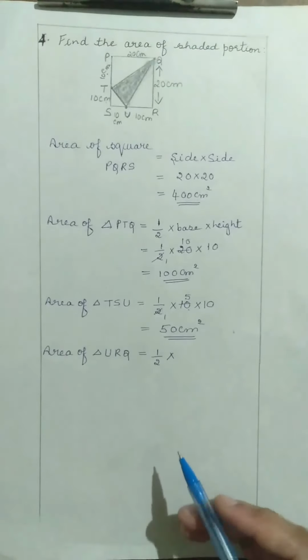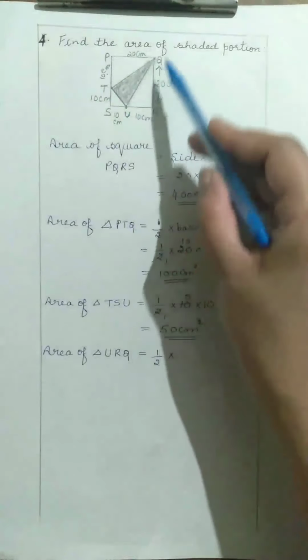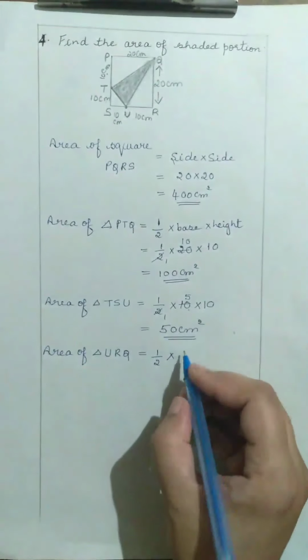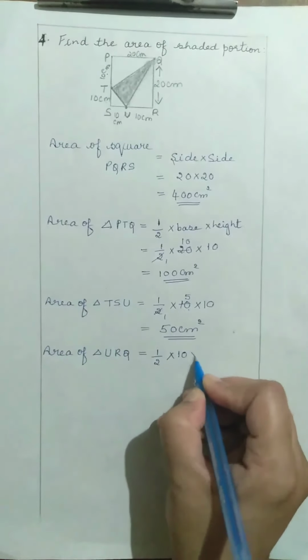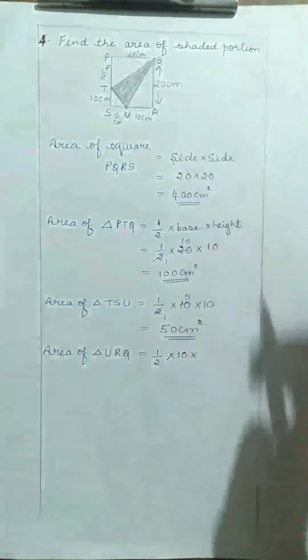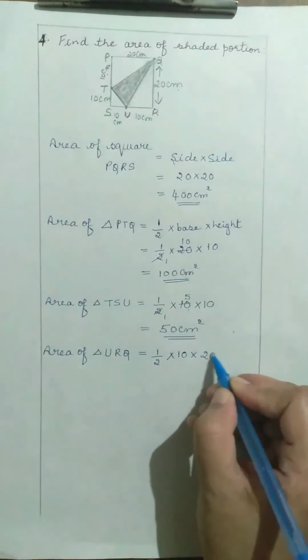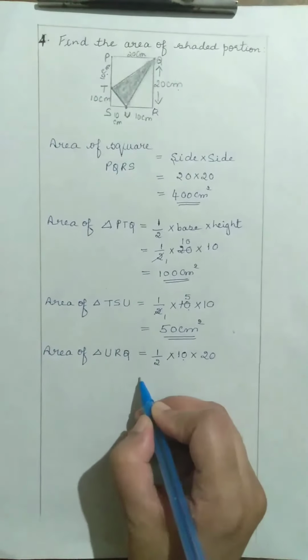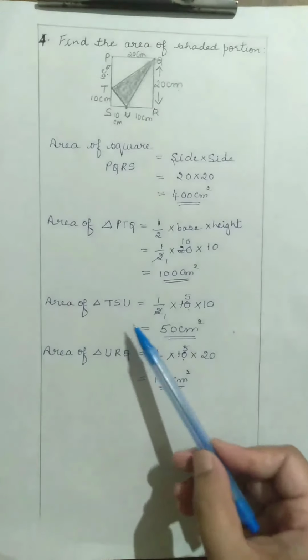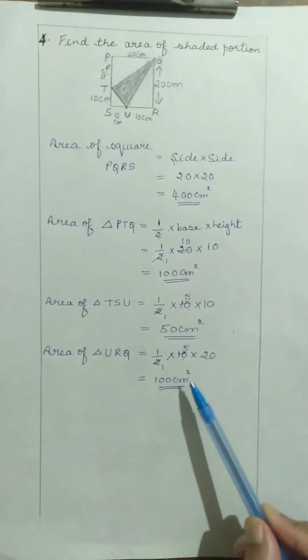So children, for the area of the triangle URQ, the base is UR, which is equal to 10, and the height is QR, which is given as 20 centimeter. Base is 10, height is 20 centimeter. On further simplification, we got the area of triangle URQ equal to 100 centimeter square.